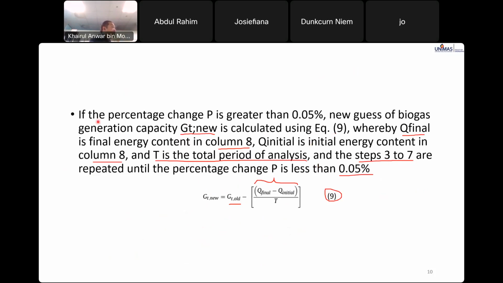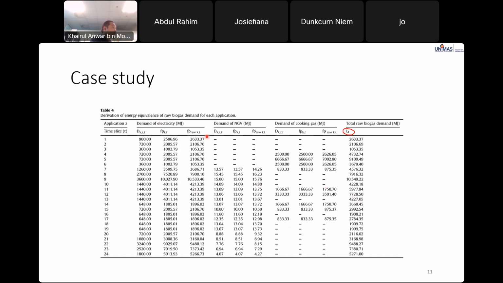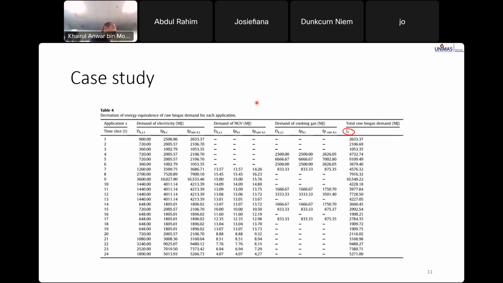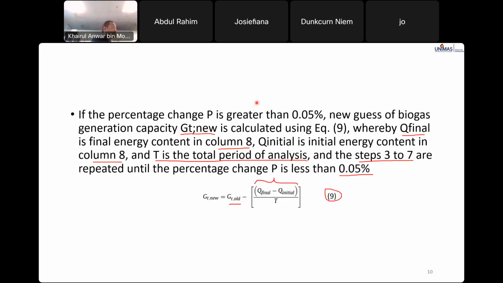So if the percentage P is greater than 0.05%, new biogas generation capacity GT new. So GT refers to gas generation here, 5,400. You need to revise it for the second iteration, or for the upcoming iteration.